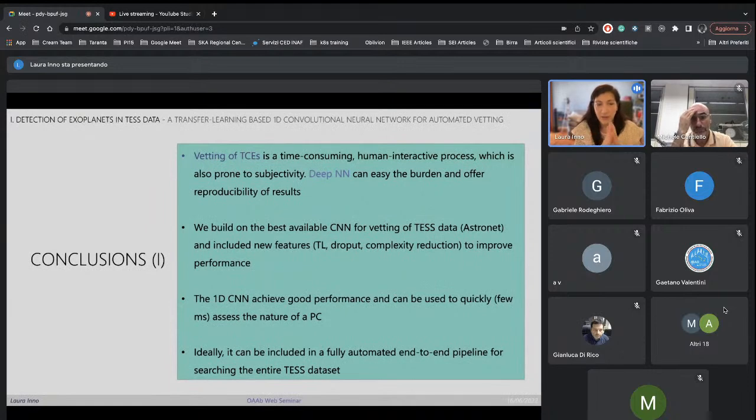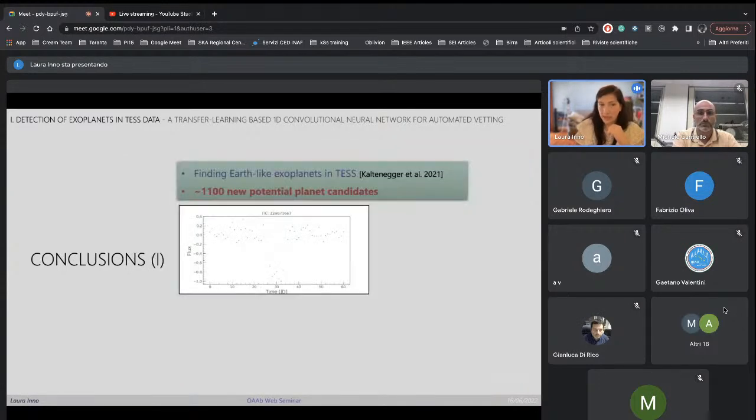And as I mentioned before, this can be included in a completely automatic end-to-end pipeline for searching the entire dataset. We started to work on this by using a specific subsample of about 4,000 stars that were included in a catalog by Kaltenegger et al.